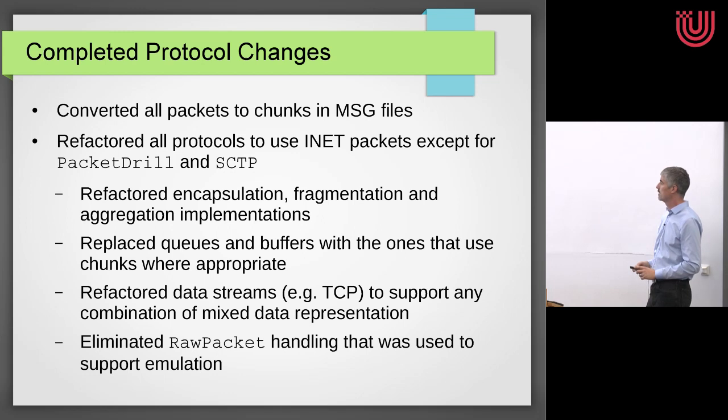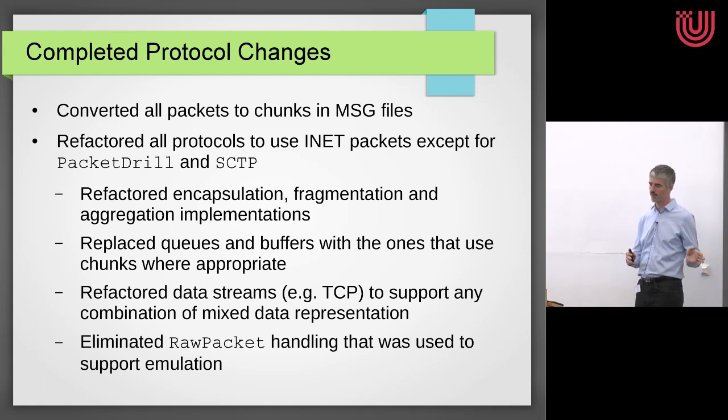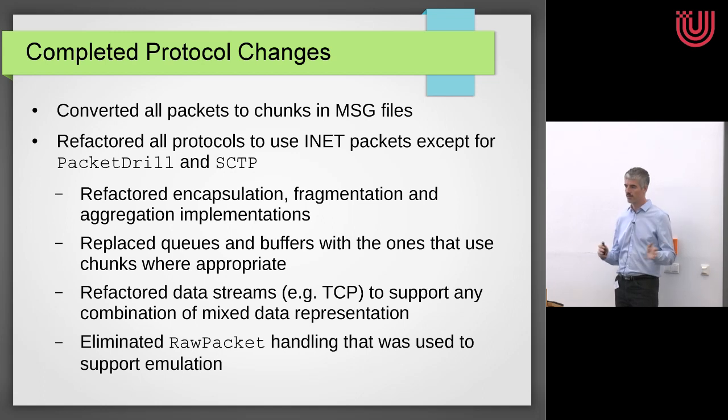What's interesting here is this mixed data representation. By default, this mixed data representation is available for all the protocols. So if, for example, an application wants to send 1 million bytes, it can send just one chunk with 1 million bytes into a stream, but at the next moment, it can send a stream of bytes, or in the next moment, it can send a fields chunk, and it has to automatically combine in all the protocols, and you don't have to do anything for that, okay?